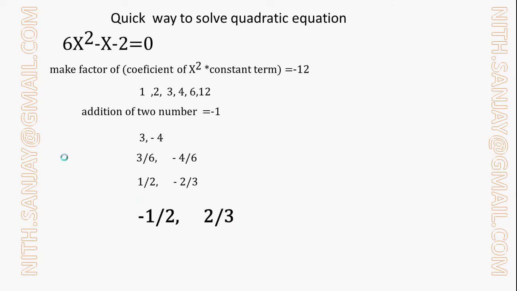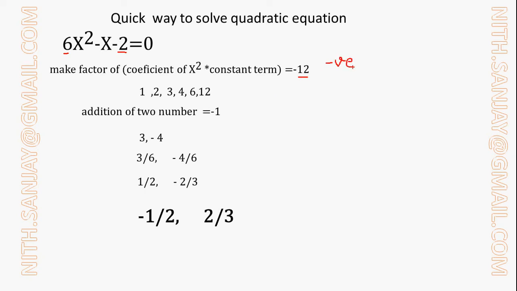So let me explain this thing in detail once again. What I have done is I have multiplied the coefficient of x square and the constant term. The coefficient of x square is 6, the constant term is -2. So this comes out to be -12. This is negative.